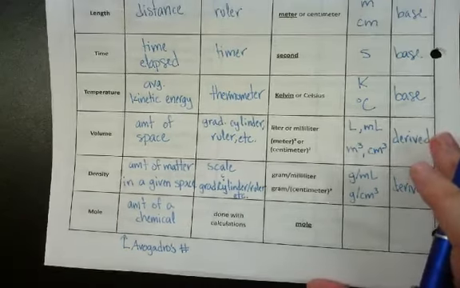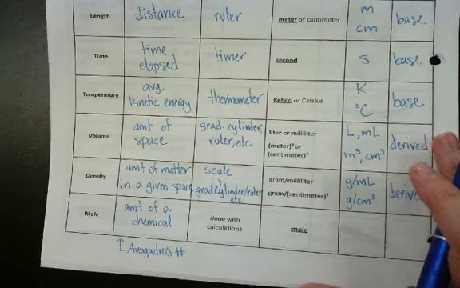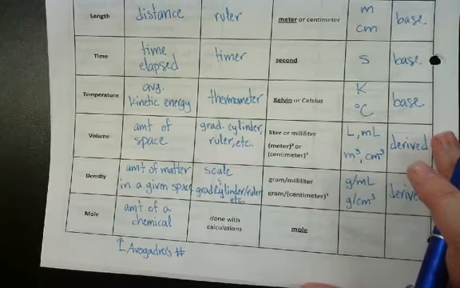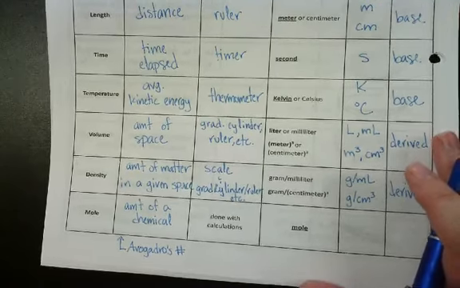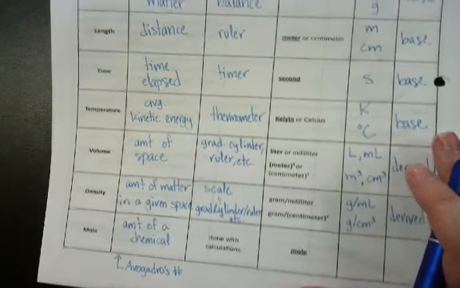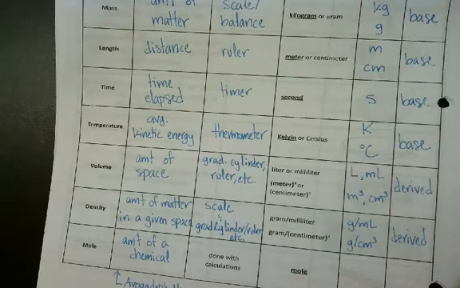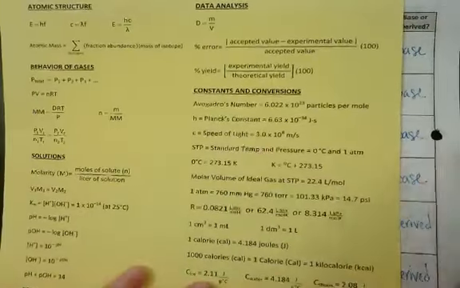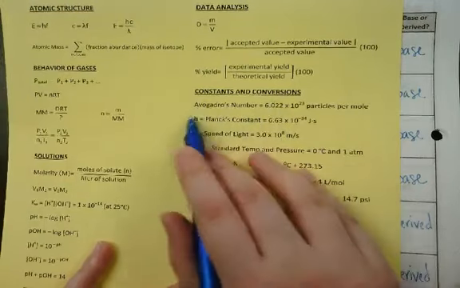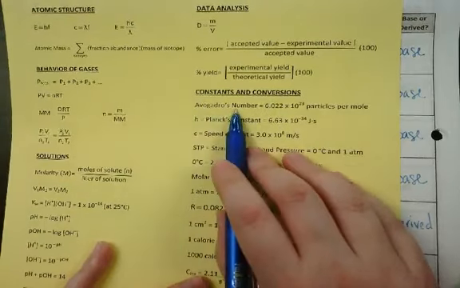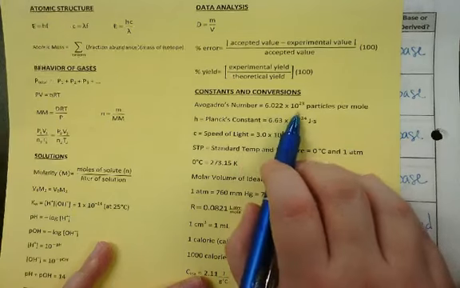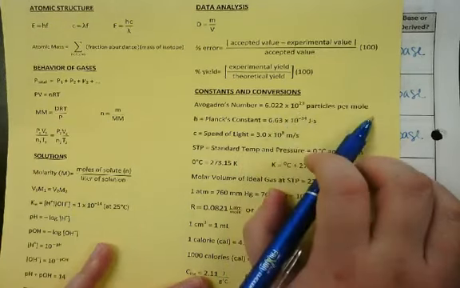So that number you're going to have memorized in a couple units because of how often we use it. However, technically you don't have to memorize it. It's actually on your formula chart. On the formula charts that you got, under constants and conversions, it's listed right here. Avogadro's number equals 6.022 times 10 to the 23 particles per mole.